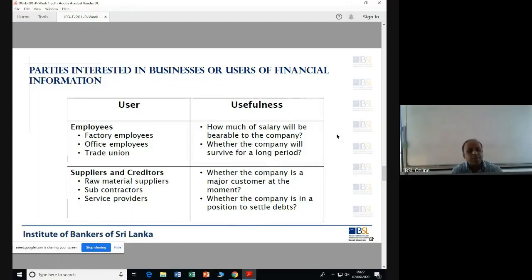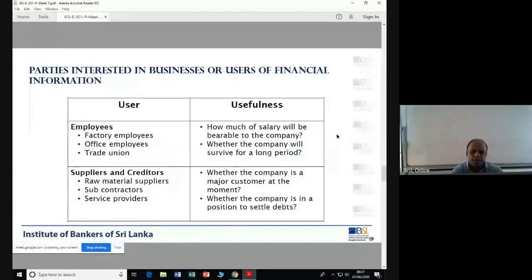which means whether I am catering to a customer who is very important to me. Secondly, whether the company is in a position to settle debts. So please note the term debts here. Debt means your obligation. As an organization, I am supposed to pay these suppliers and creditors for the raw materials and the services that I have obtained. So when I am supposed to pay, that is a debt to me.